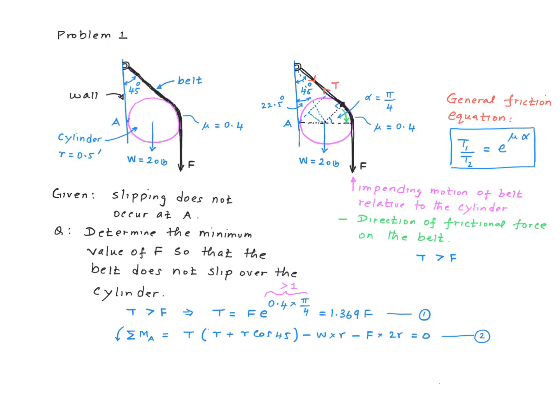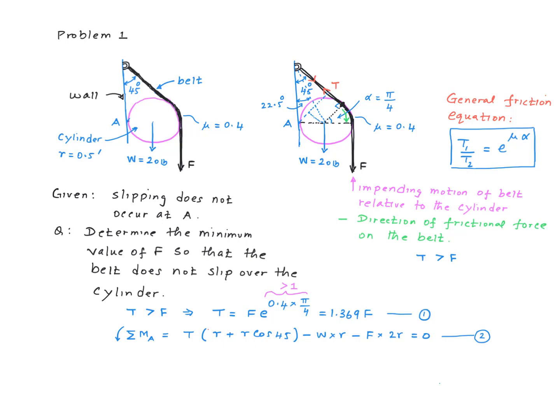We can write down a moment equilibrium equation about point A for the forces acting on the cylinder. Summing up the moments about point A in the counterclockwise direction, moment of tension T right here is T multiplied by this distance, and that distance is equal to R plus this part right there, which is R cosine 45, right?